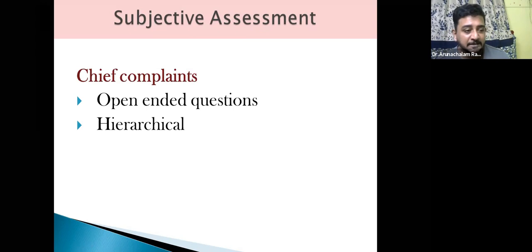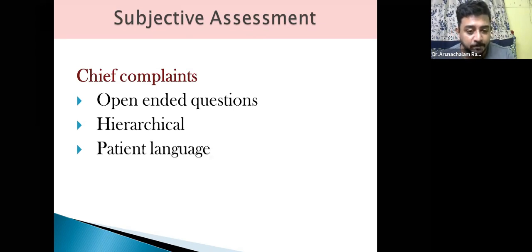Sir, because of this I am not able to hold on to objects and I am not able to lift heavy weights, then that should be the third chief complaint. So it is more philosophical, like which is your most major problem. The patient will come out with that particular problem first. So the order of recording is very important, and that order should be set by the patient, not the therapist.